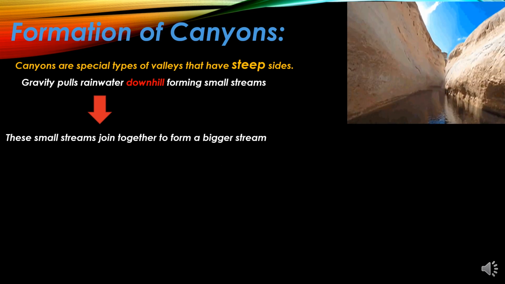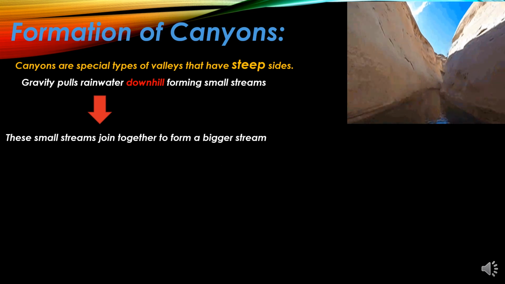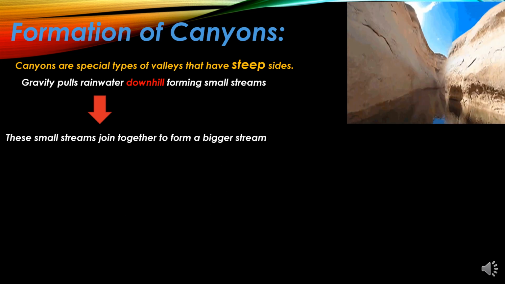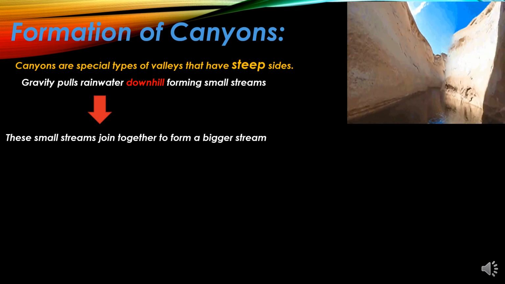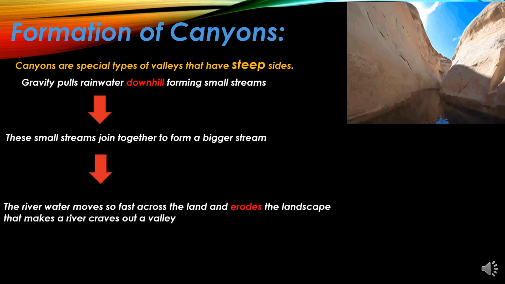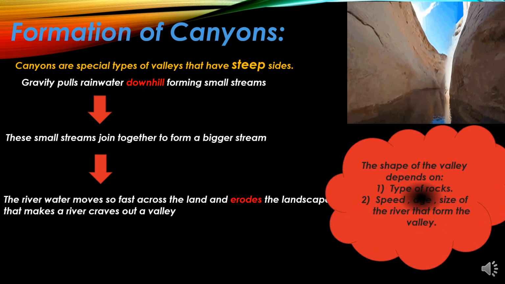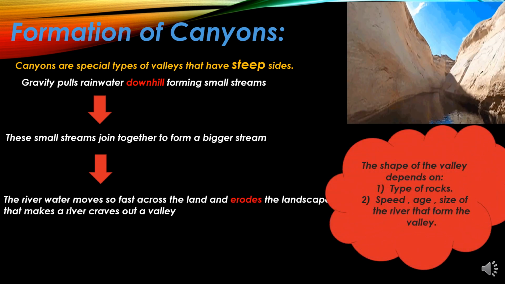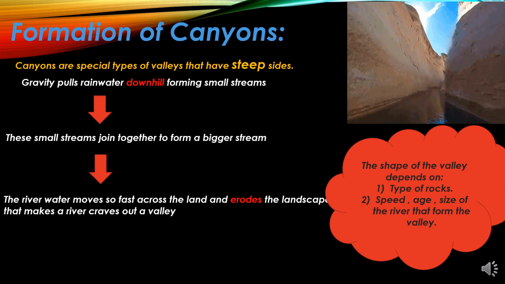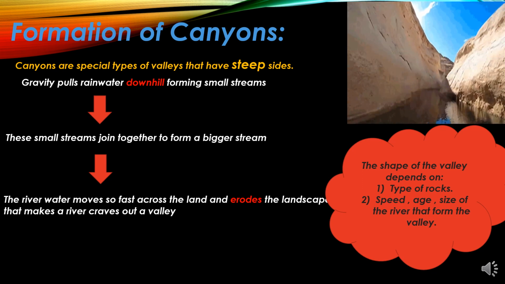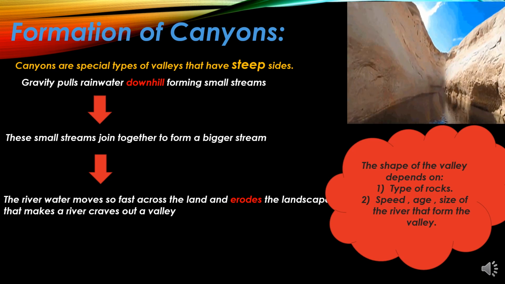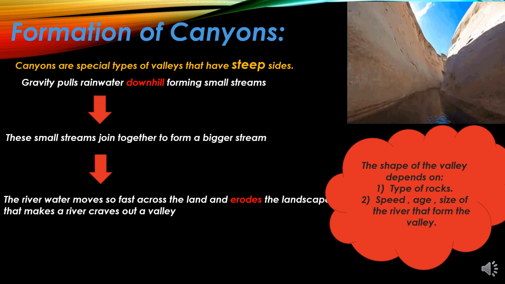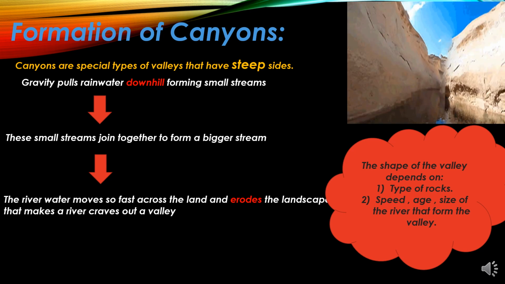Finally, when this big river moves so fast across the land, it carves the land and erodes it to make a valley. And the shape of the valley, grade 4, depends on three important factors: number 1, the type of rock. Also, it depends on the speed, age, and size of the river which forms the valley.